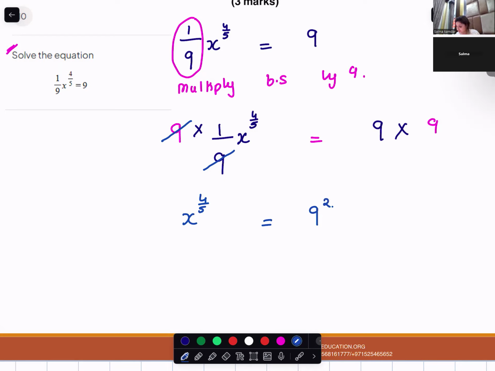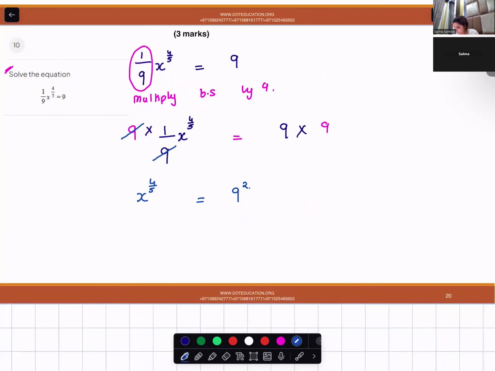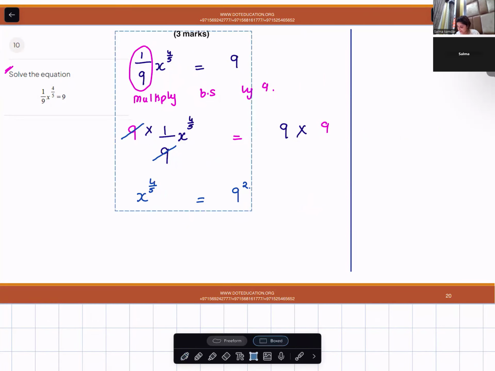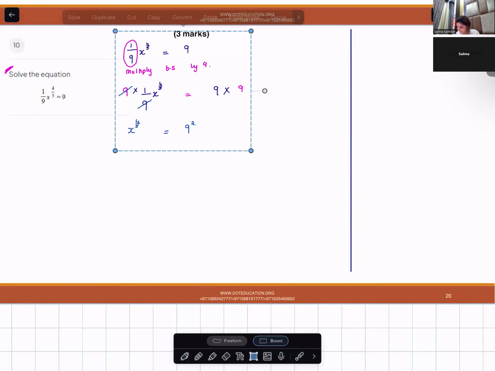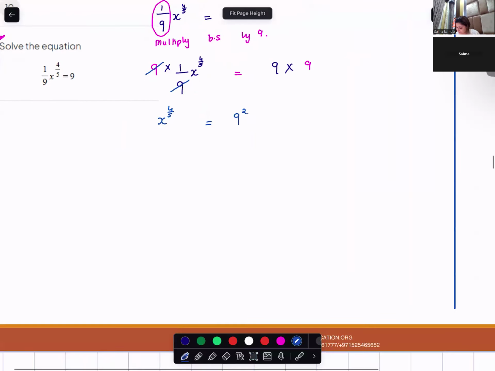Now I have to solve this for x. Since I have to solve this for x, how will I take it ahead? Think. If I say x raised to 4 by 5, what does it mean? Think.